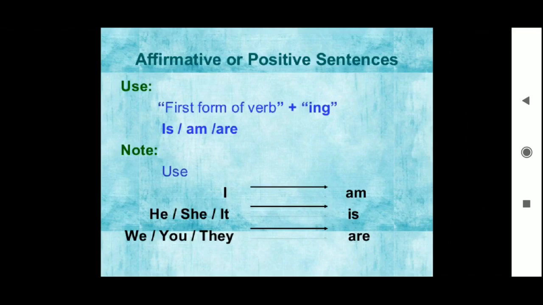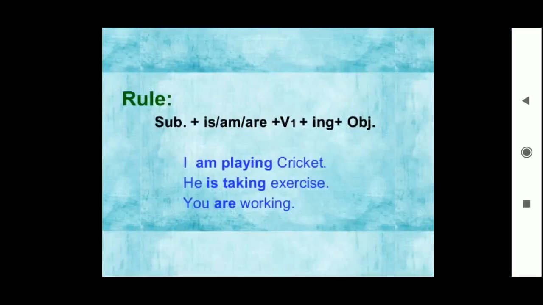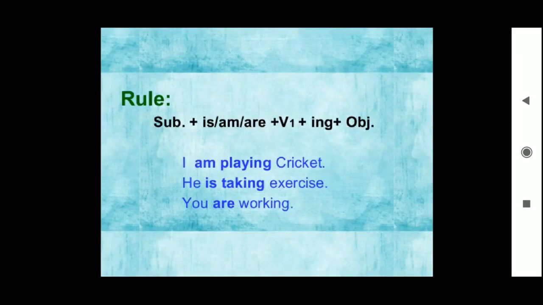With plural subjects like we, you, they, we use are as a helping verb, and then the ing form of the verb. Look at the rule: subject plus is plus first form of the verb plus ing plus object. I am playing cricket. He is taking exercise. You are working.